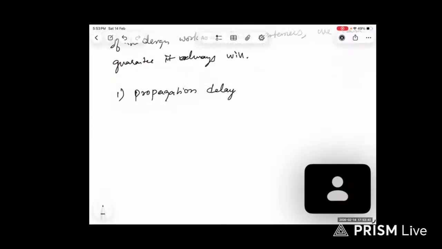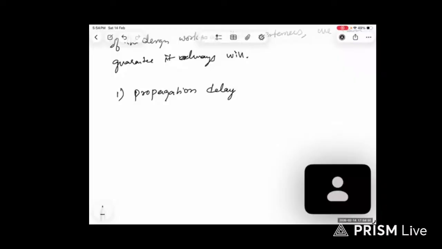Can anyone tell what propagation delay means? This is something basic from Morris Mano. The time difference between input arrival and output arrival. Yes, that is one way of putting it.